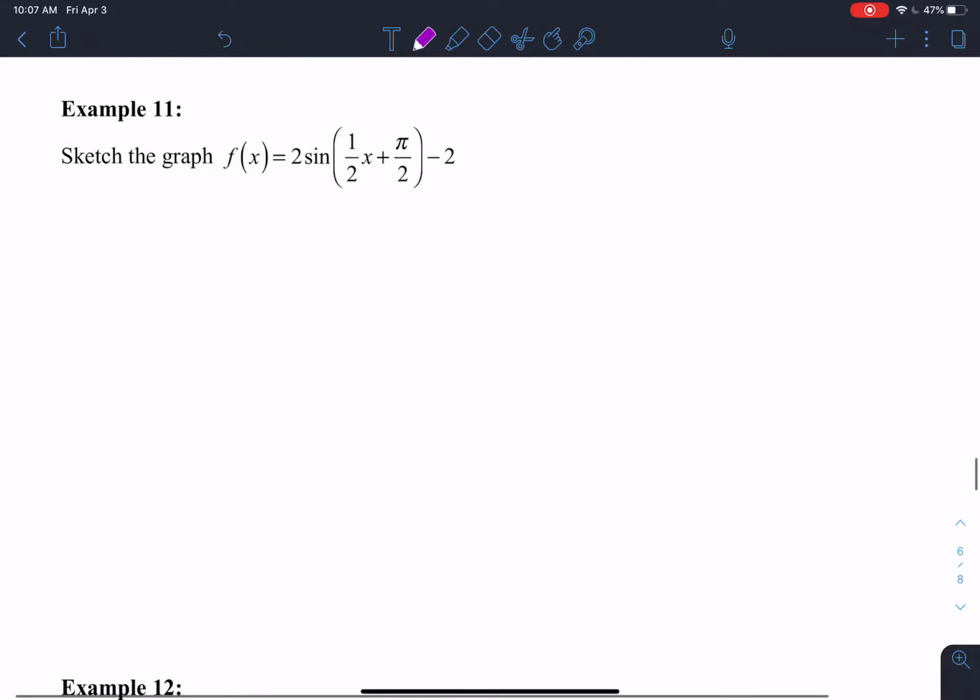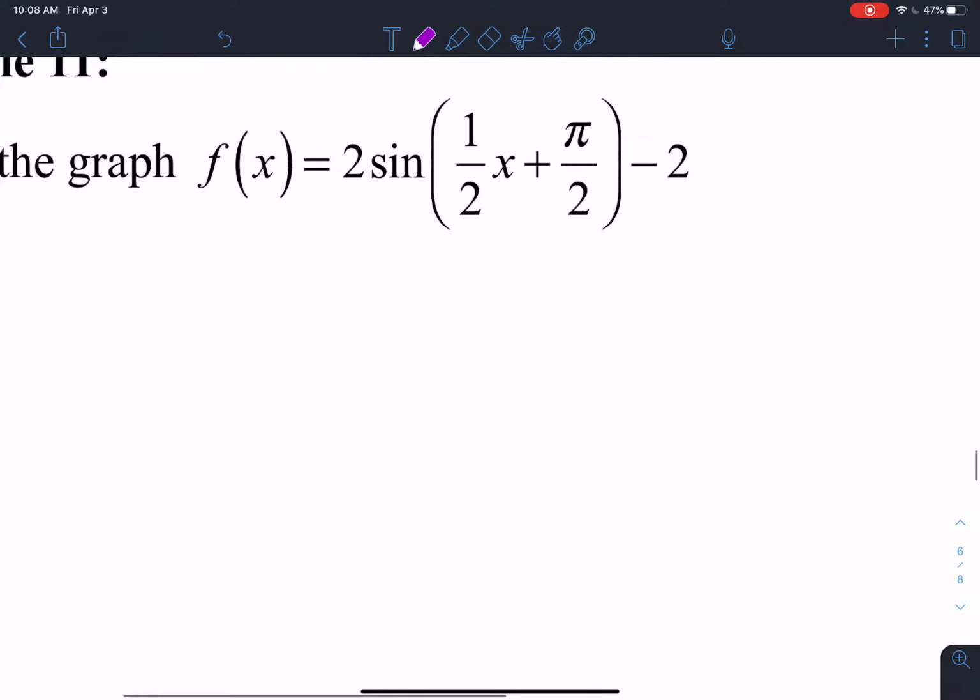Okay, so what I'm going to do now for number 11, number 11 has two shifts. It's got a vertical and a horizontal. So this is kind of putting everything together now.